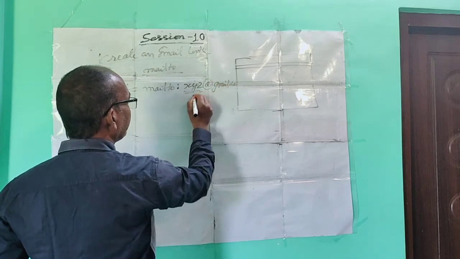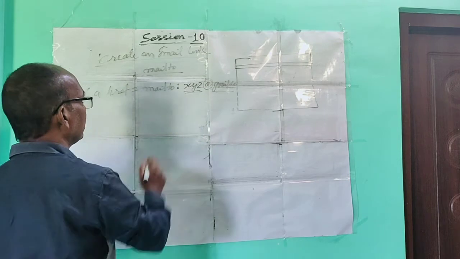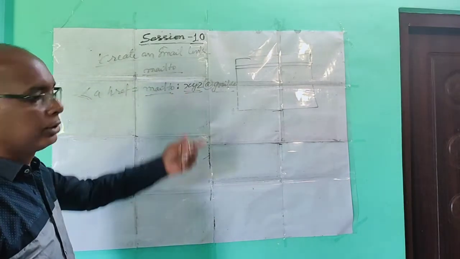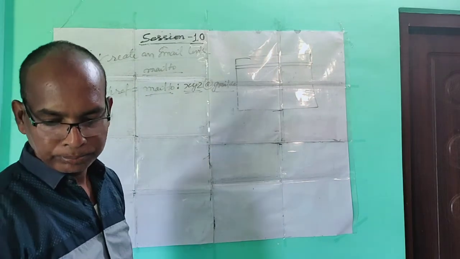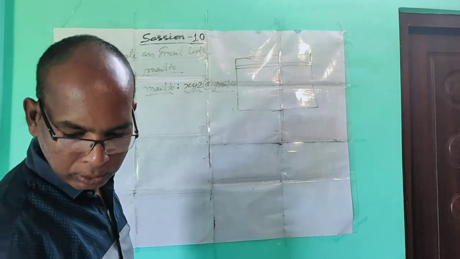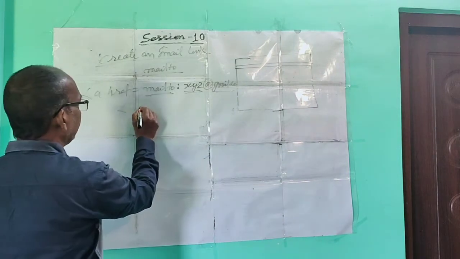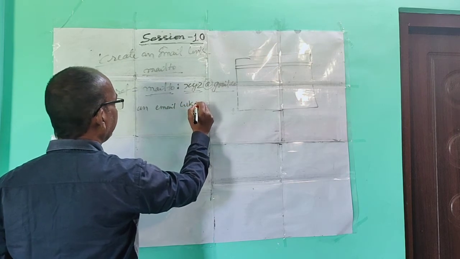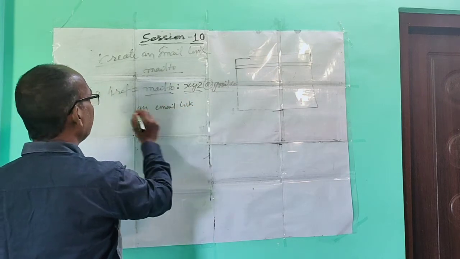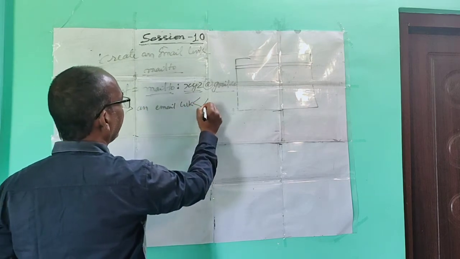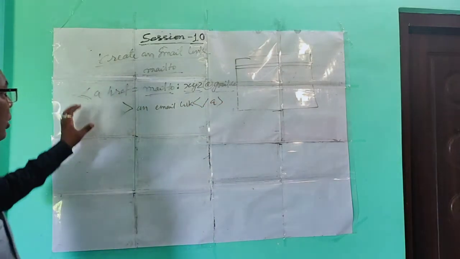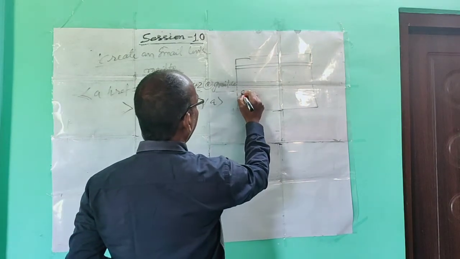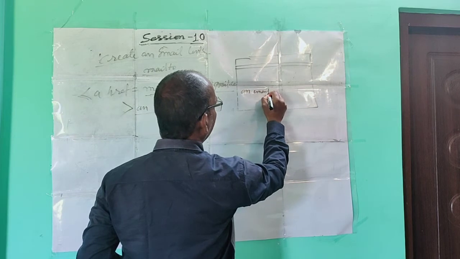So this is your username, this is the domain name, and this is your text. So when you use mailto xyz@gmail.com and here write a text, email link, and anchor close. You see, when you use this tag, it will appear here. Here you get an email link.